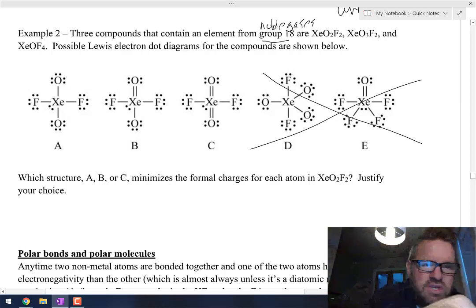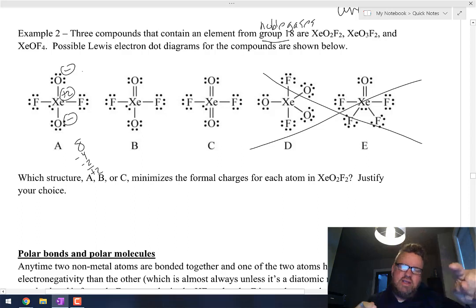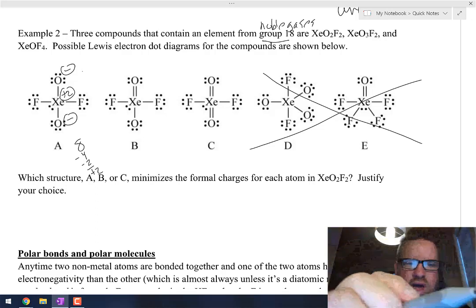But I do see that this oxygen with a single bond is -1, -1, and the xenon, remember, has 8 valence electrons. So minus the 4 bonds and then minus the 2 dots is +2. So that xenon is +2. Notice again that the minuses and the minuses cancel out with the +2, but they still have formal charges. So that one's probably not it.